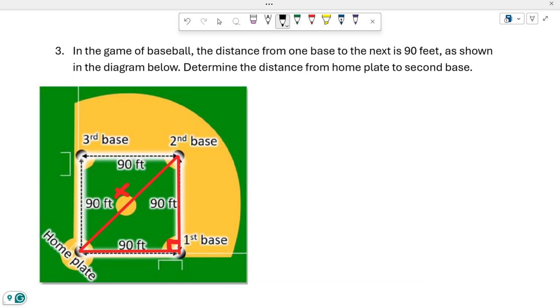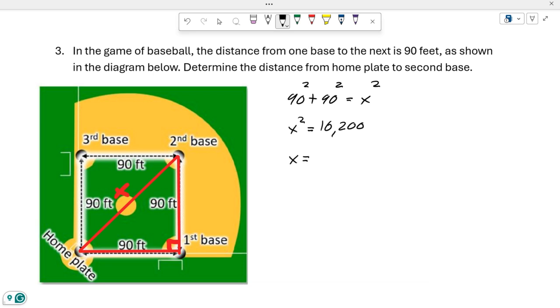The Pythagorean theorem, as always, says that the sum of the squares of the legs of a right triangle is equal to the square of the hypotenuse. And so I just have to solve this for x. Flip it around, x squared equals 90 squared plus 90 squared, which is just a number, and it is 16,200.